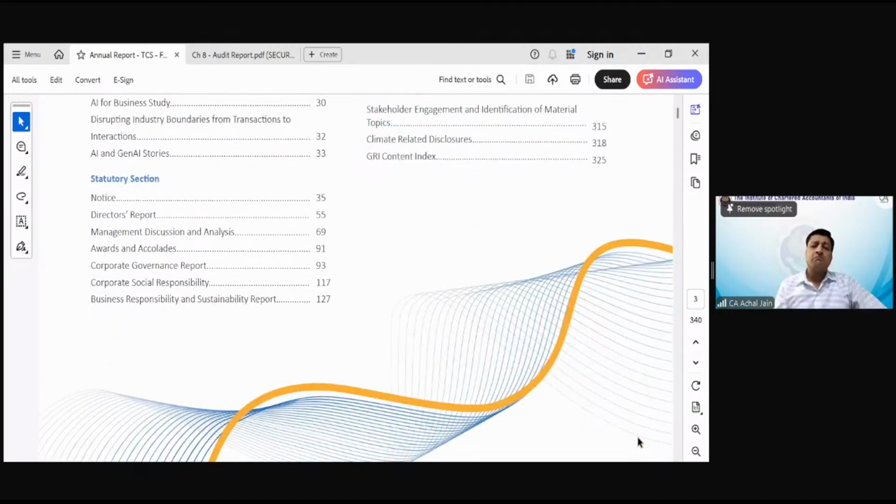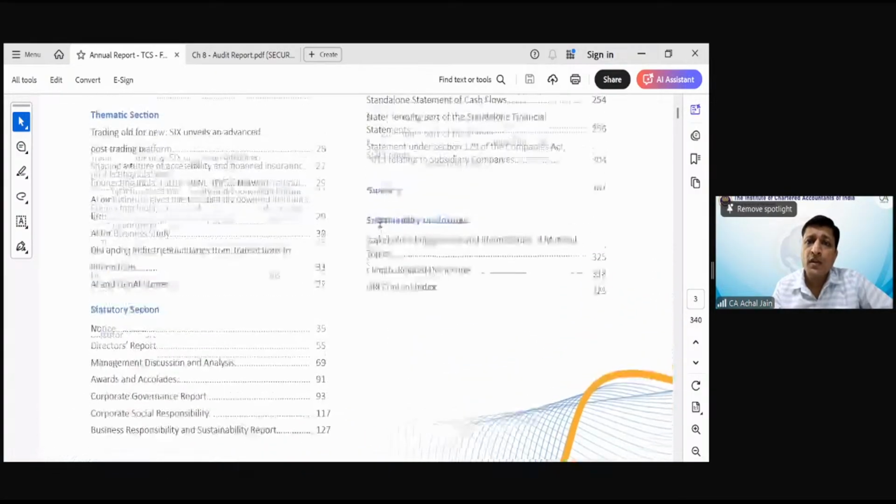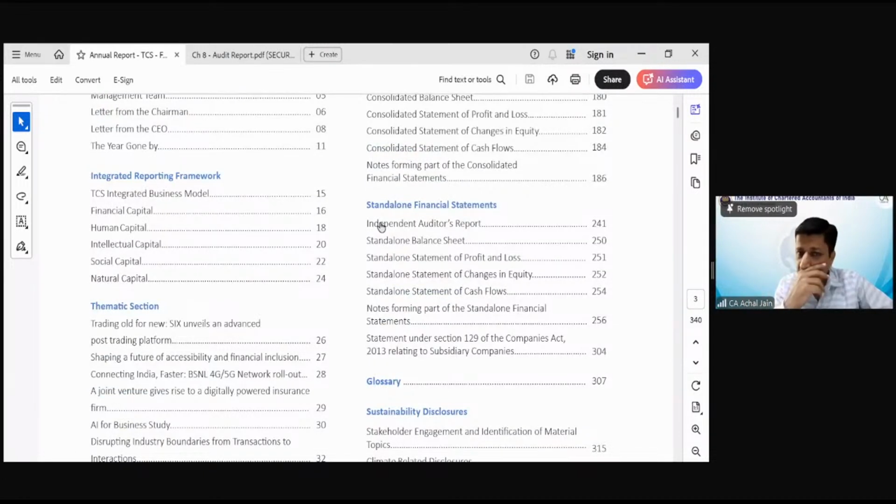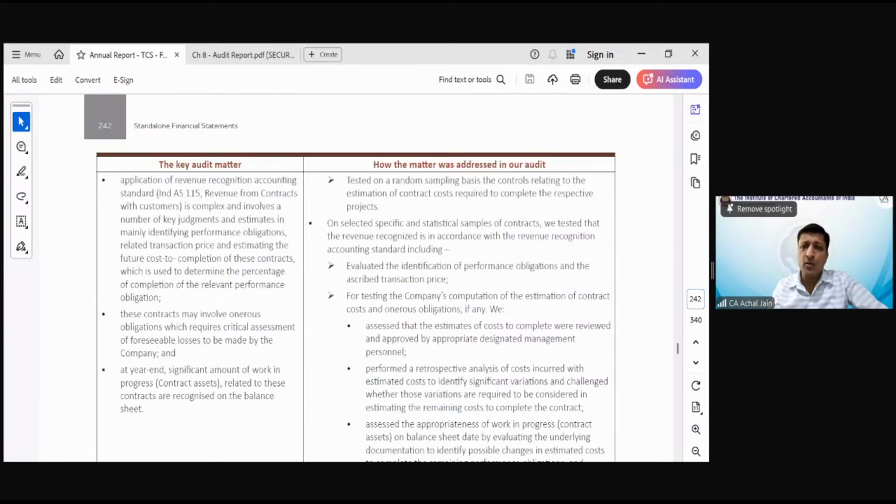Then it talks about another document, another report, which is called management discussion and analysis. Then there's a report on corporate governance. Then there's a report on business responsibility and sustainability. And then you have the consolidated financial statements and standalone financial statements. So in the annual report, you can see that other than financial statements, various other reports are also included.